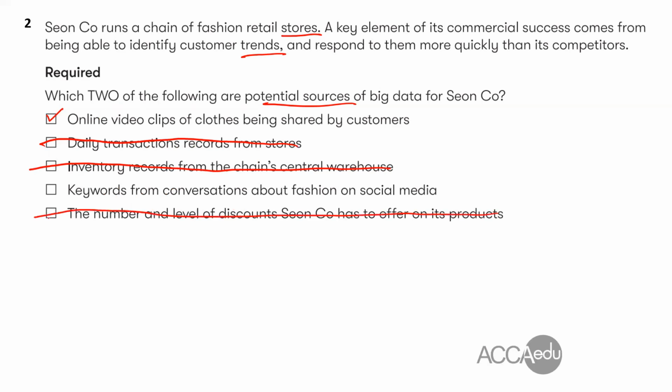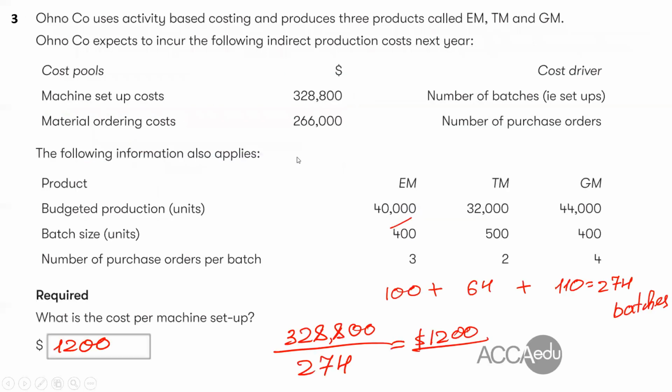So to identify customer trends, we need external data, which is the first and this fourth one. Keywords from conversations about fashion and social media on the internet or the World Wide Web do help. These two sources are going to be big data for Sean Cole to identify customer trends.